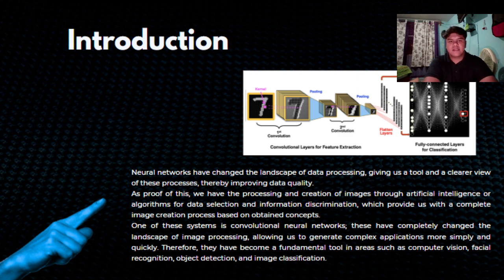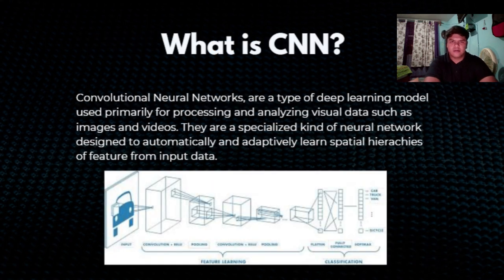To better understand the above, we have to explain several concepts. One of them being, what is a CNN? CNNs, or convolutional neural networks, are a type of deep learning model used primarily for processing and analyzing visual data, such as images and videos.